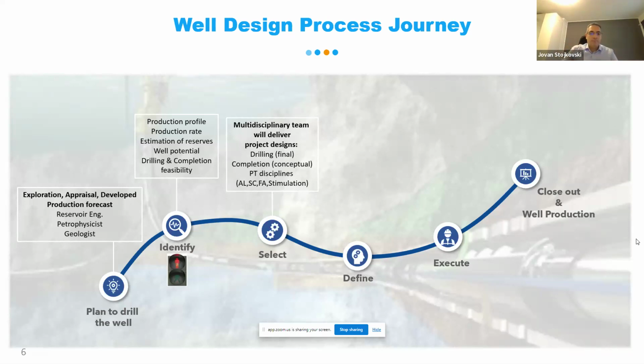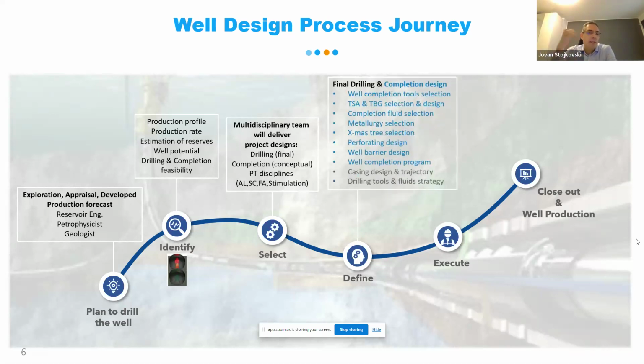So in this select phase, we select the type, as I mentioned, and then we go to much more detailed deliverables. At this moment, every one of the engineers involved in a project needs to bring the final design. Let's say the drilling engineers need to already compile the final casing design and trajectory for the whole well, and which drilling tools, fluid strategies, logging, and so on need to be finalized in that phase.